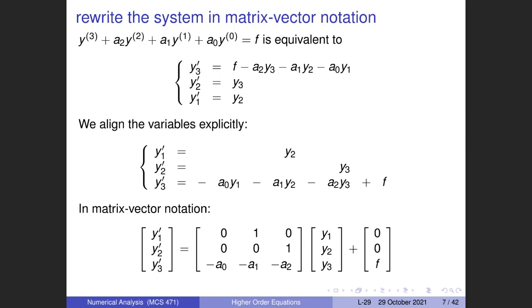Here it is again, so this is summarizing. We rewrite the equation and we write it in a more standard form. Note that the third equation, which came first, now comes last. And as usual, when we have linear systems, and this is a linear system now, we write it in matrix vector notation.